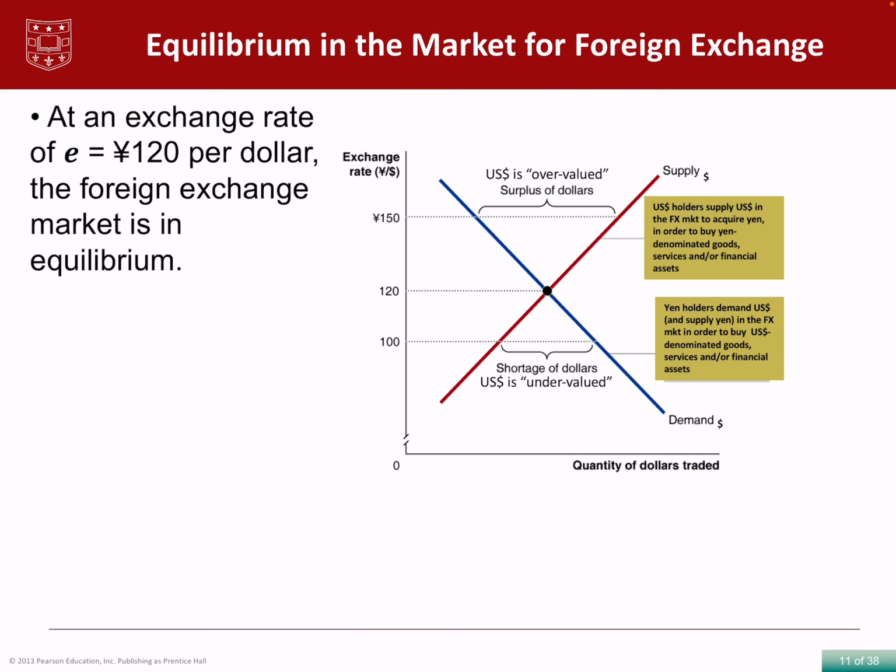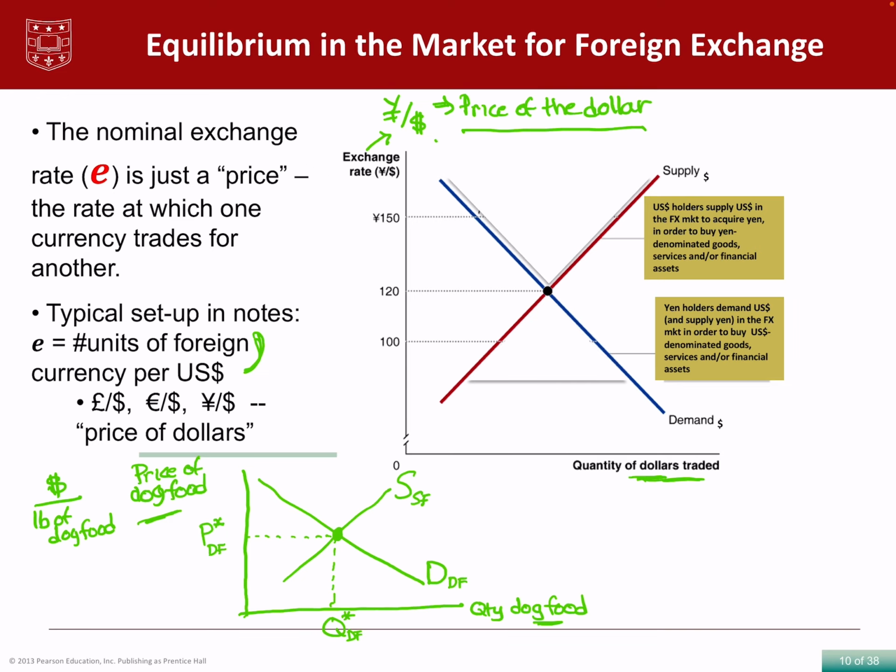So let me pause for just a second and go back here. We are talking right now about a nominal exchange rate, meaning this is the one you would see if you opened up the newspaper, you went online and said, what is the exchange rate between yen and dollars, or pounds and dollars, and so forth. We are going to talk in the next set of notes, we'll hit on it as the last slide in this set of notes, about a real exchange rate as well.